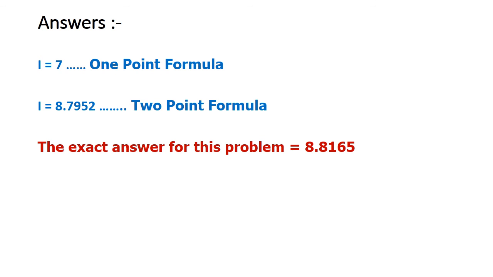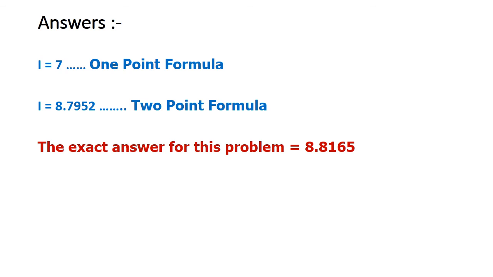We can observe that we have evaluated the same equation, in the first step by using 1 point and in the second step by using 2 point. By using the 1 point formula the answer was 7 and by using the 2 point formula the answer is 8.7952, while the exact answer for this problem is 8.8.